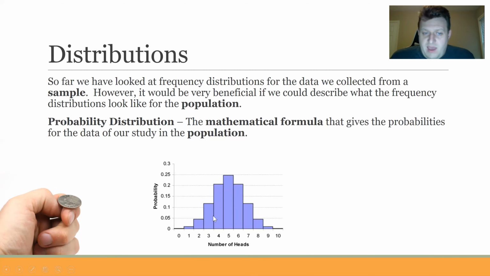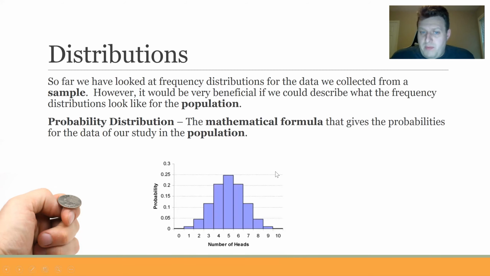So there's a 25% chance that we get 5 heads and 5 tails. There is a very, very low probability, I can't even figure out what that might be, that we get 0 heads or 10 heads. It's very unlikely.